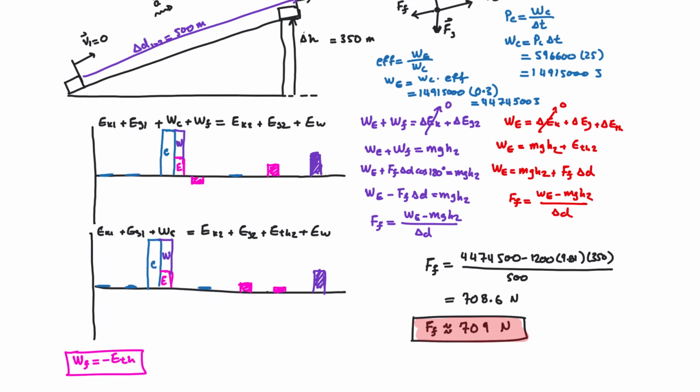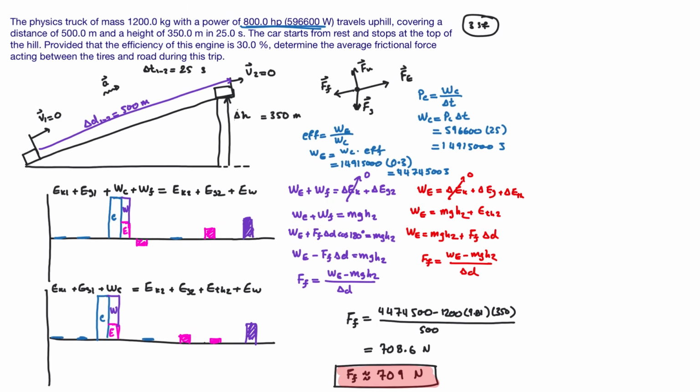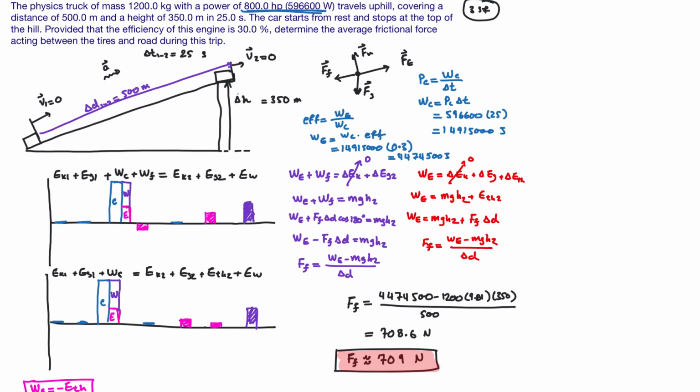So I'm going to zoom this out a little bit just so that all of the question is in. And let's just review what happened in here and what we covered. So we had a 1200 kg vehicle going uphill, and it had to overcome some gravitational force, and it had to overcome some frictional force, so the engine force needed to do that. No gain in speed, so it didn't really need to change its speed from beginning to end.